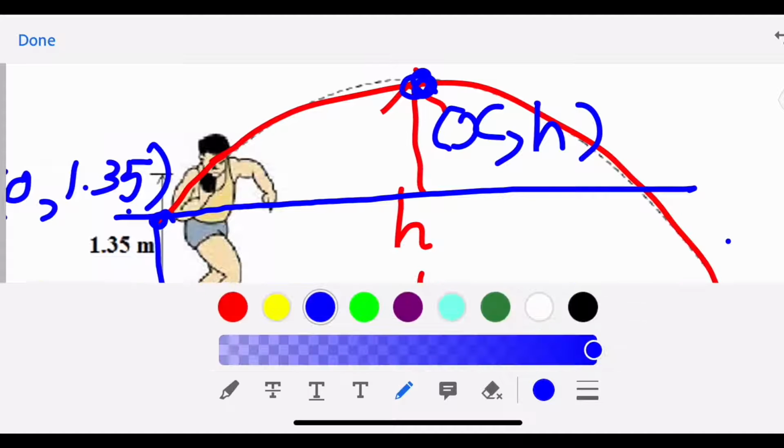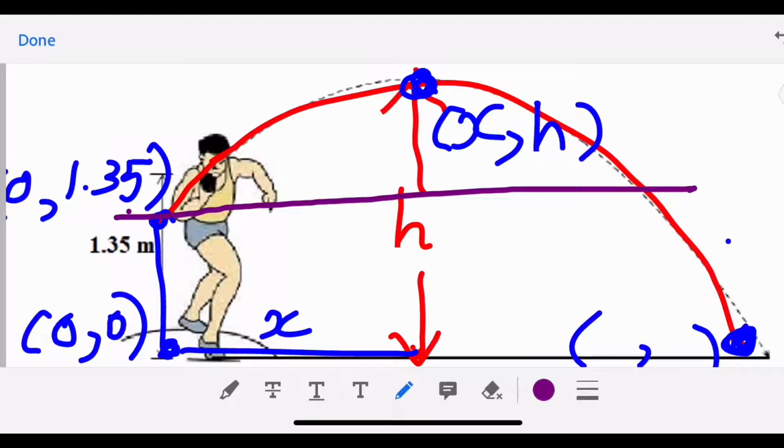I just assume that the point is there. So you have to take the height plus the original height: 1.35 plus the 1 meter.